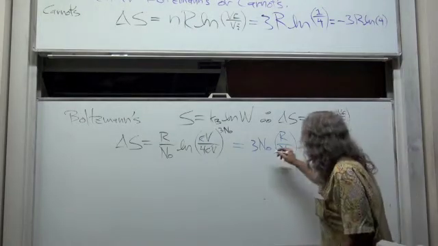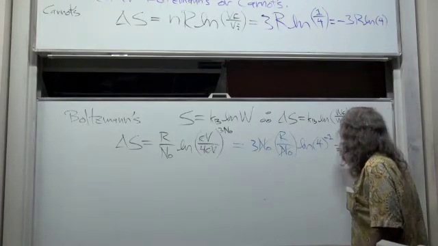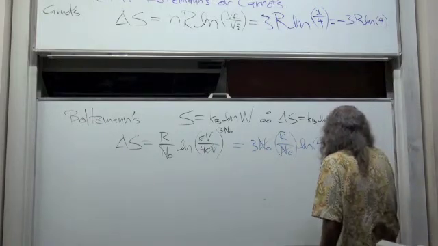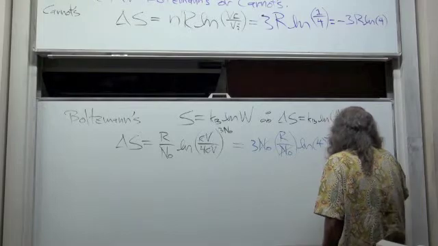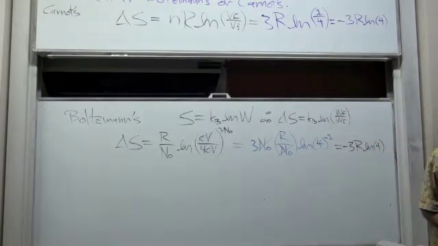First, Avogadro's number drops out, and I end up with, and I can pull the minus sign through, equals minus 3R natural log of 4, which agrees with Boltzmann. I mean, with Carnot.